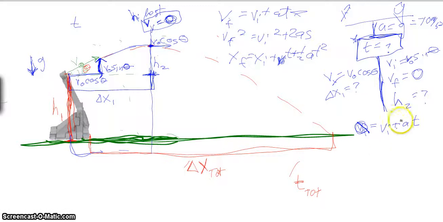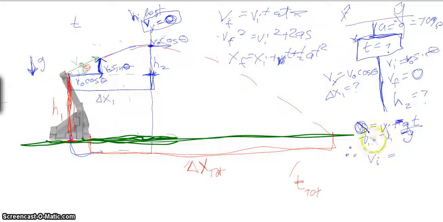And actually, I'm going to do this as negative g. I'm going to put the negative up here because we know it's going to be going down. You'll see why in just a second. So that's going to be negative g. Then I would just subtract vi, and that would give me velocity initial equals, and the negatives also cancel out.